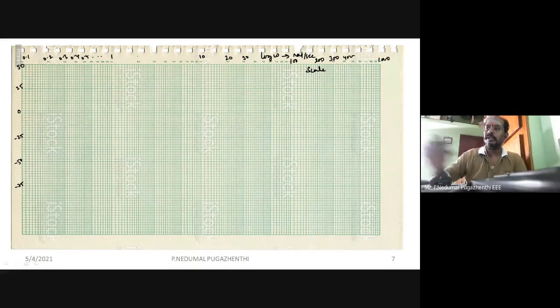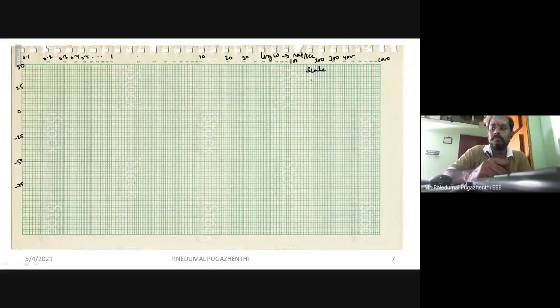In the y-axis, 1 unit or 1 centimeter, what is that? 1 line is going to be, so 10 is going to be 0.25, am I right? Not 0.25, it is going to be 5.